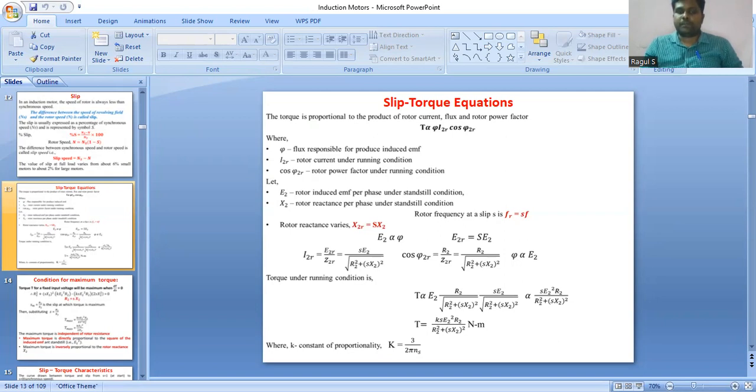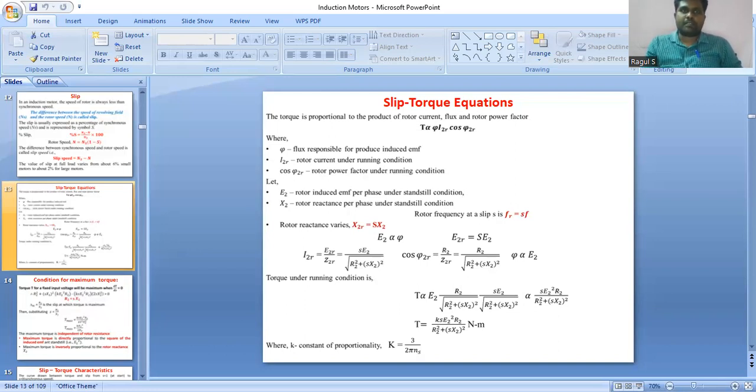The speed is almost constant for normal running because the slip is very small. These are power losses due to friction at the bearings and overcoming wind resistance. Additional slip ring losses in slip ring induction motors are also very minimum. So core losses, friction losses and windage losses are constant losses.